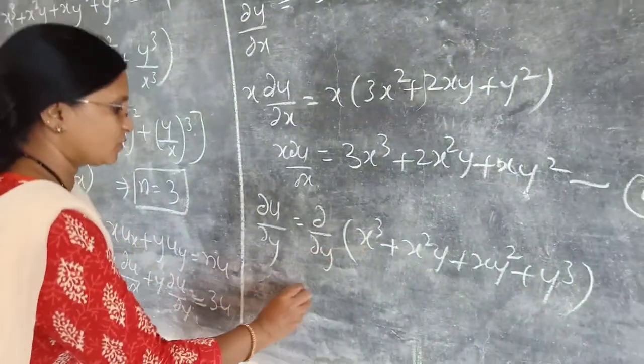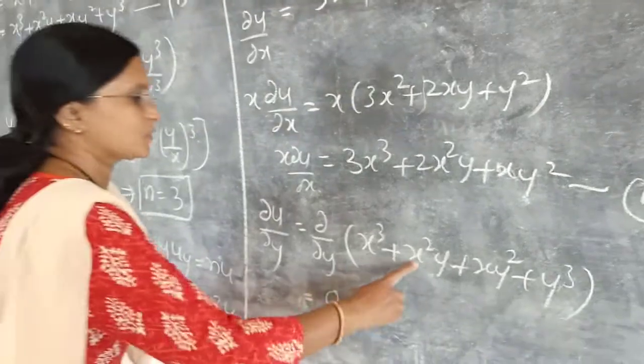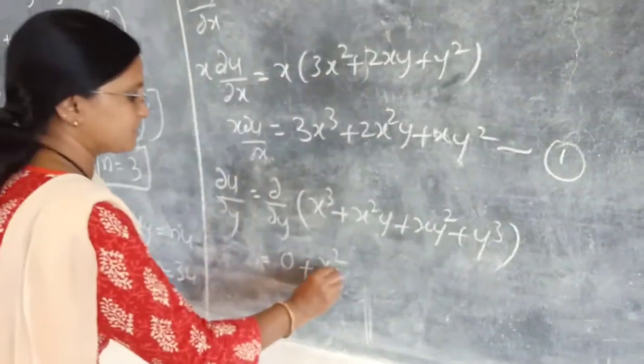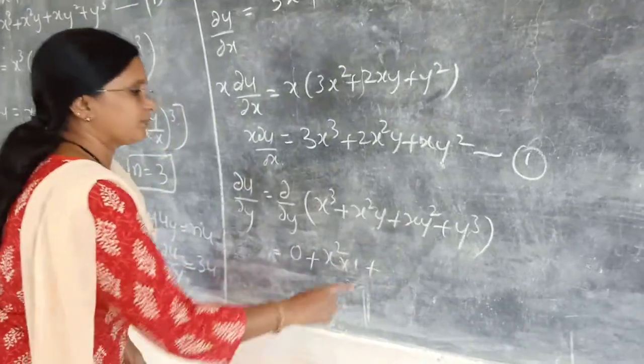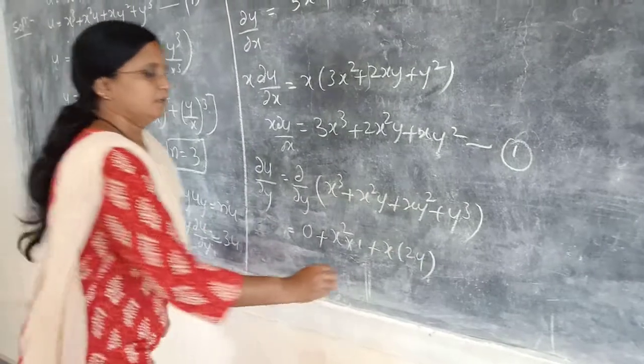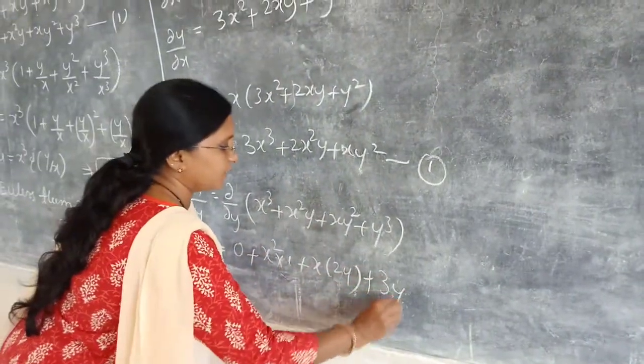So x cube is constant, its derivative is 0. Then x square is constant, we keep it as it is, and the derivative of y with respect to y is 1. Then x is constant, derivative of y square is 2y, and the derivative of y cube with respect to y is 3y square.